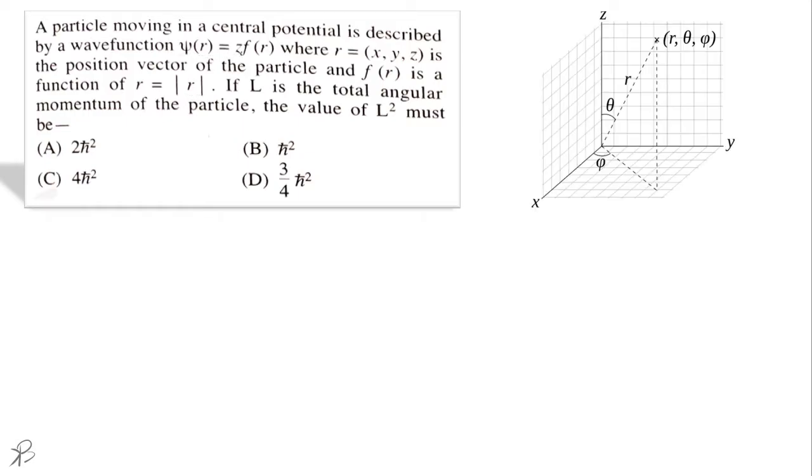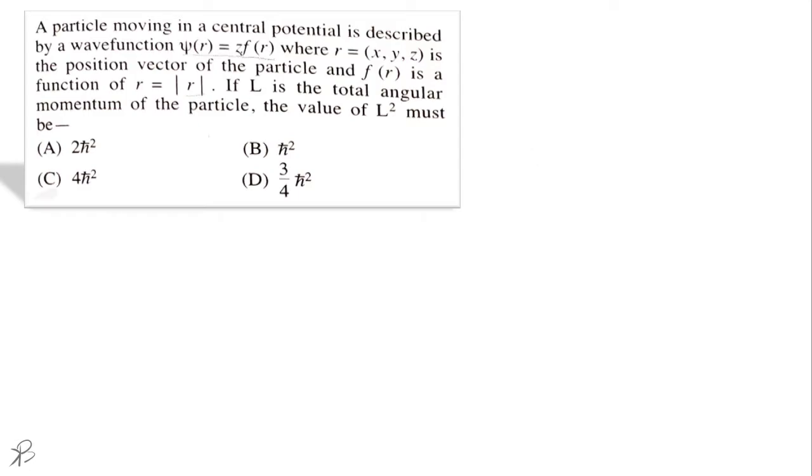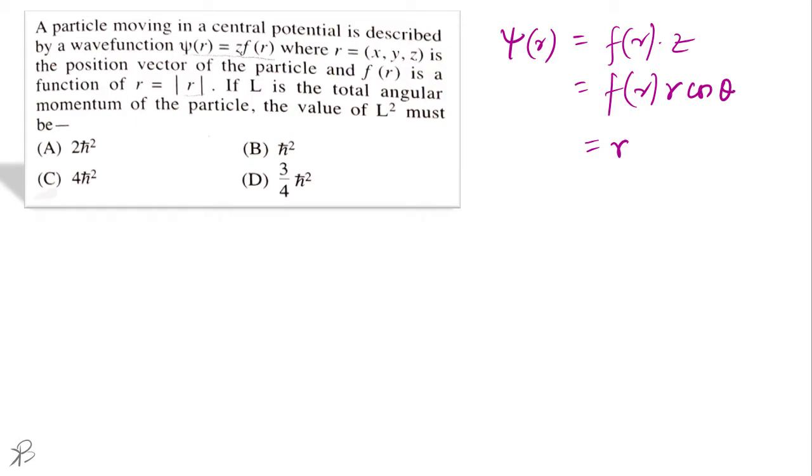So at first, let's look at the spherical coordinate. Here you can clearly see that z is actually r cos theta. Just a recap. So we can write that psi of r is equal to f of r times z, or we can write f of r times r cos theta, or rearrange and write r f of r cos theta.